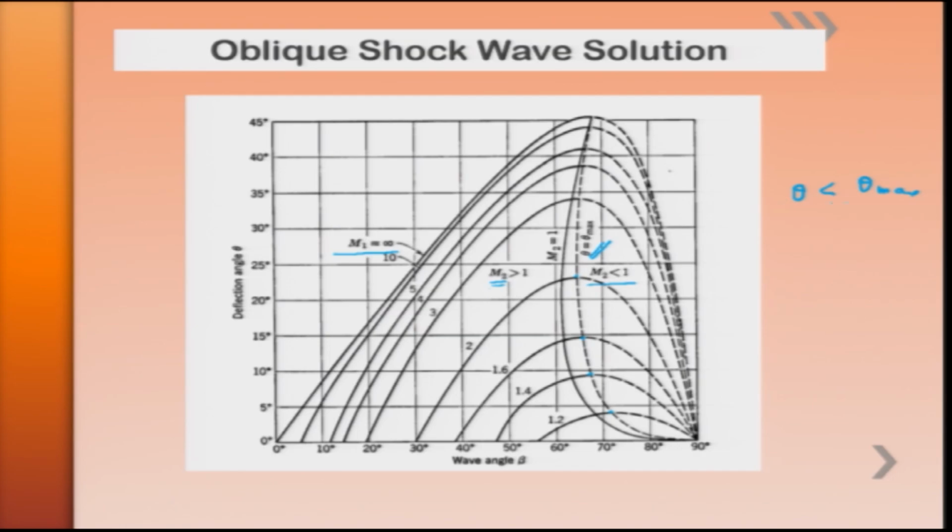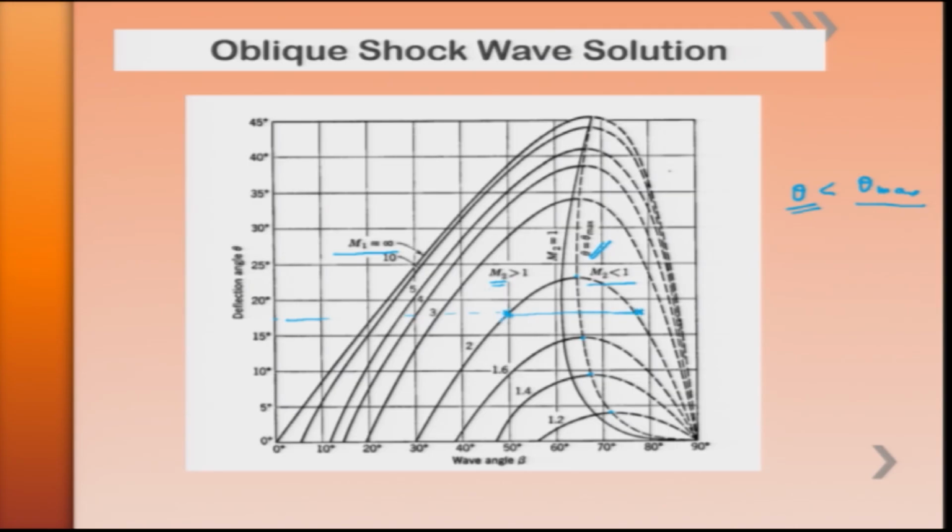When the given deflection angle is less than theta maximum, if you draw a line at that particular deflection angle on that Mach number curve, this line intersects at two different points on this graph.